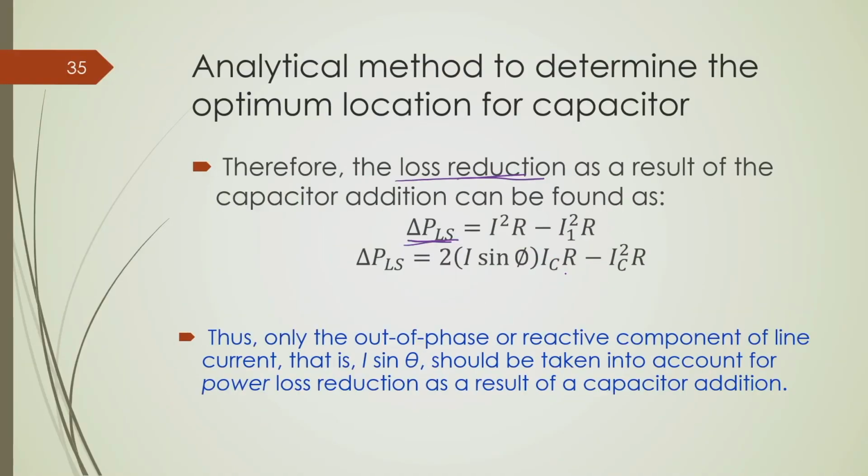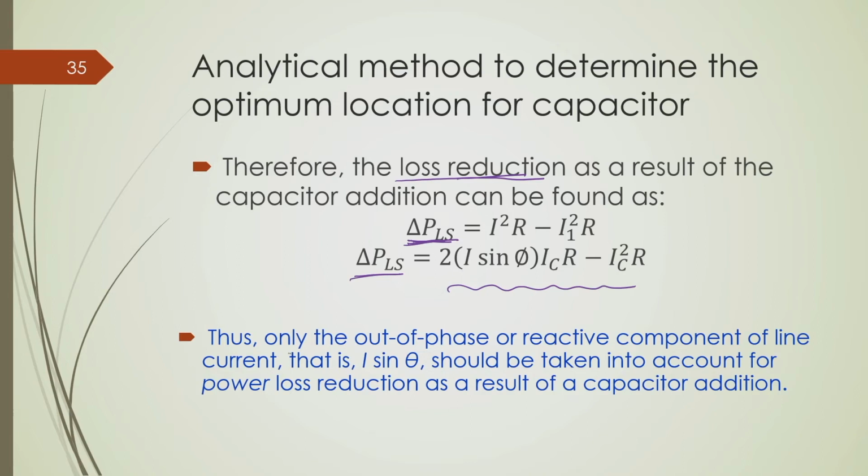But only in this difference of the power loss term will we have this quadrature component. That means this loss reduction, suppose it is represented by del PLS, is only a function of the quadrature component.